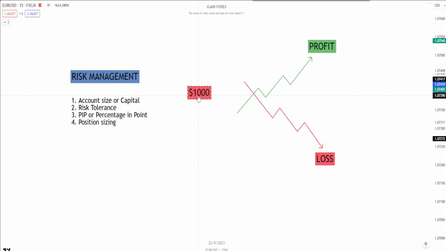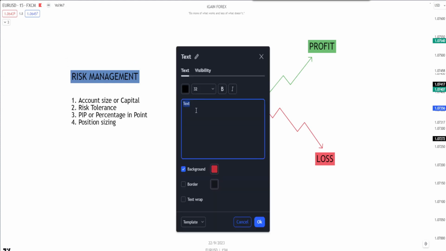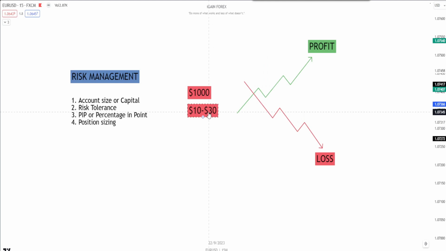So 1 to 3% of this $1,000 would be $10 to $30. This is the amount of money we are willing to risk per trade only.